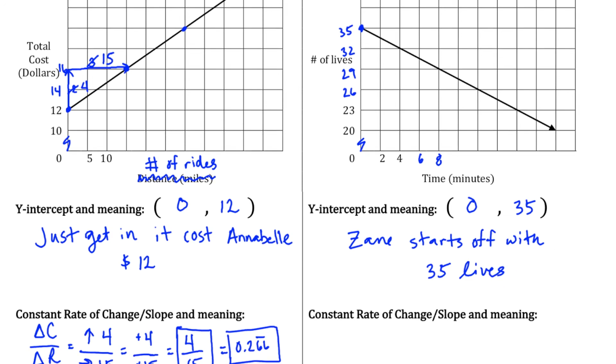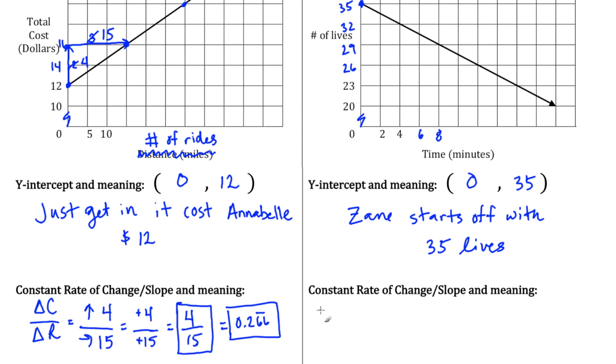Cool. Ready to change. So change in lives over the change in minutes. Let's find these nice points first. Okay, cool. This reminds me of the other one so far. Down 1, right 2. But you see the mistake is that it's not down 1, right 2. It's down 1 space, but this is actually counting by 3, so down 3.